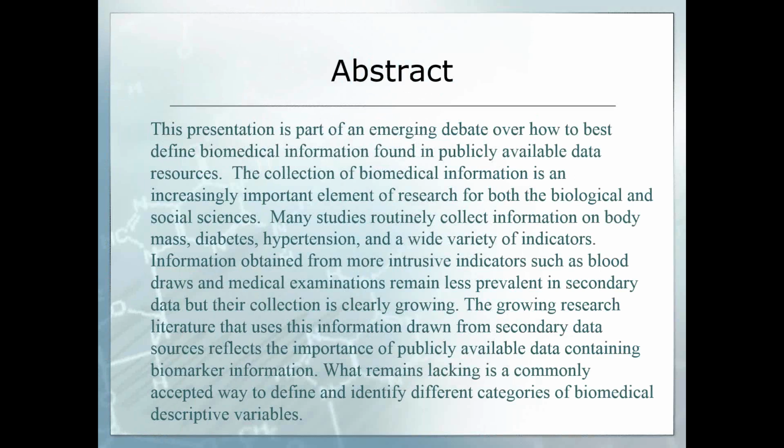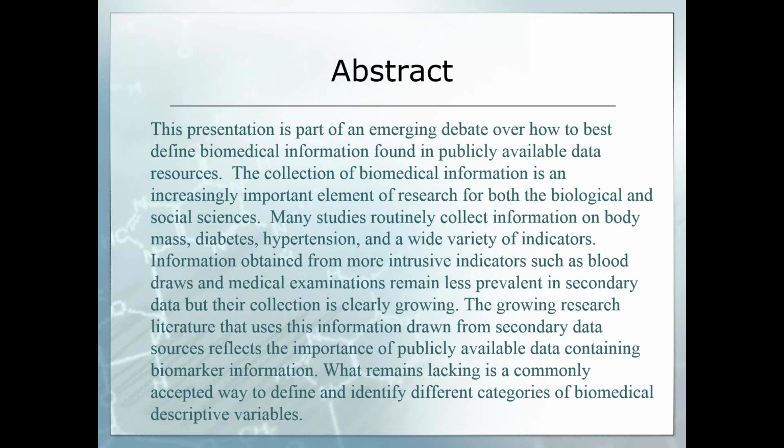The presentation itself is part of an emerging debate over how to best define biomedical information found in publicly available data resources. This includes biospecimen information and administrative data, anything that a researcher can obtain access to.